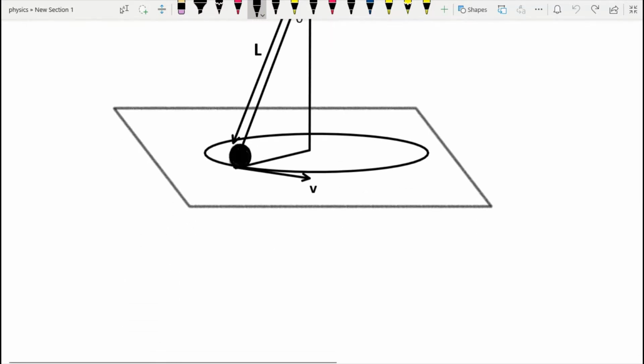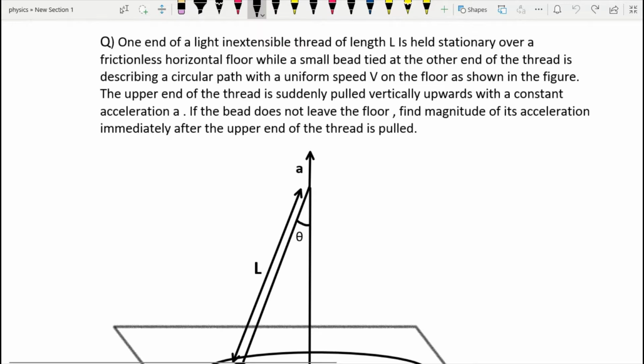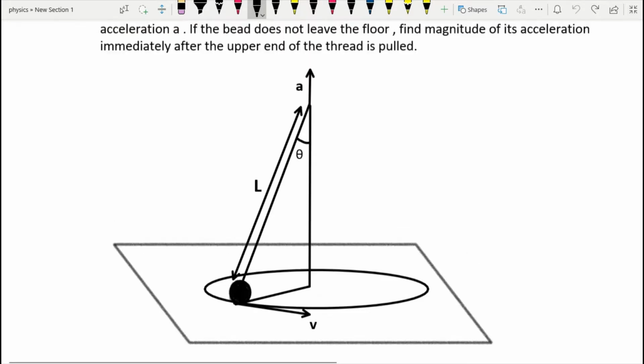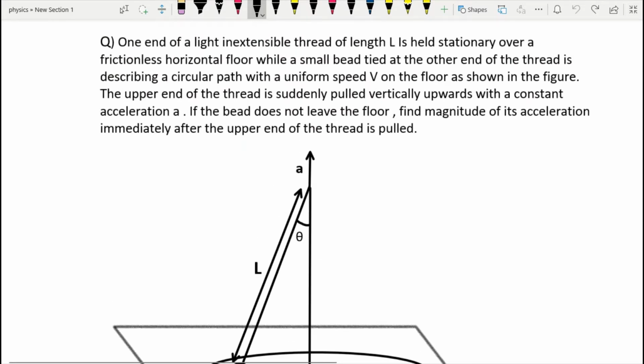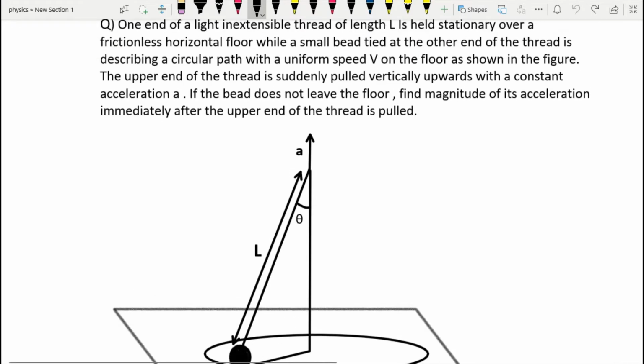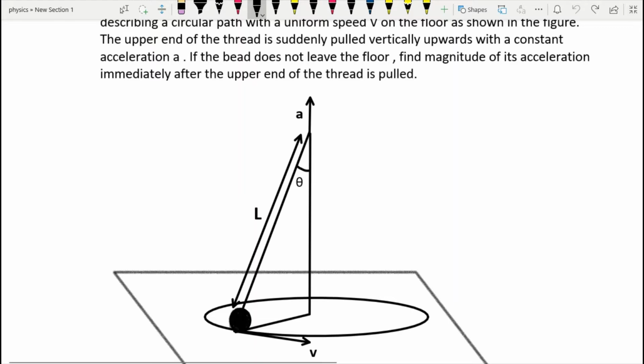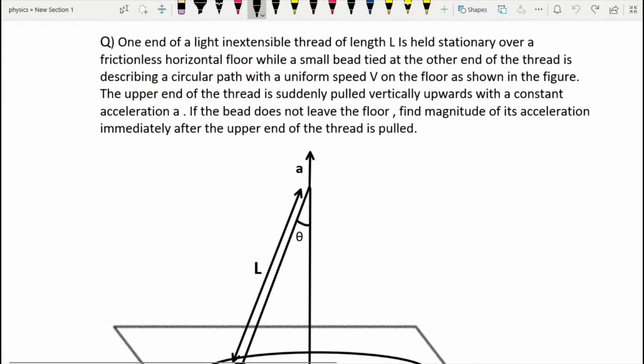Now we have to solve this problem. So there is a string of length L, and it is held stationary over a frictionless floor. A small bead tied at the other end of the thread is describing a circular path, you can see, with the speed v.